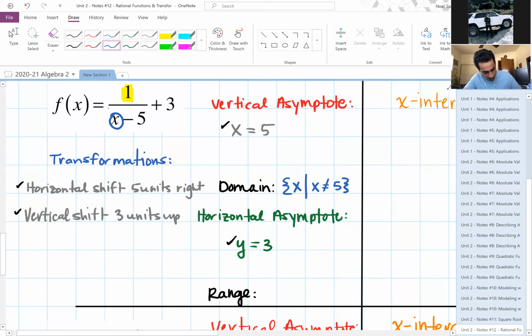Well, imagine if this number was 5 and you would have 5 minus 5 in the denominator. Now you end up with 1 over 0, and 1 over 0 is undefined. And if you add 3 to an undefined number, it's still undefined. That's why we want to keep 5 out of the domain, because it does not allow us to have a real output. So the domain is all x such that x does not equal 5.